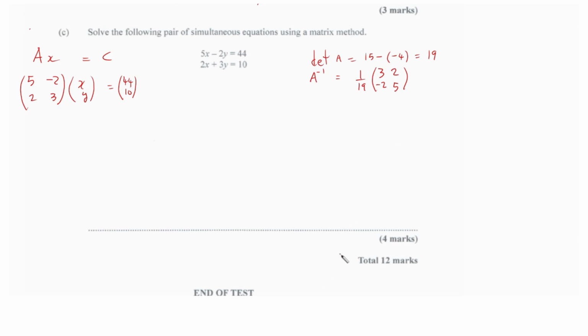So the next step is to multiply both sides of the equation by the inverse. So we're going to multiply the left hand side by the inverse and the right hand side by the inverse.